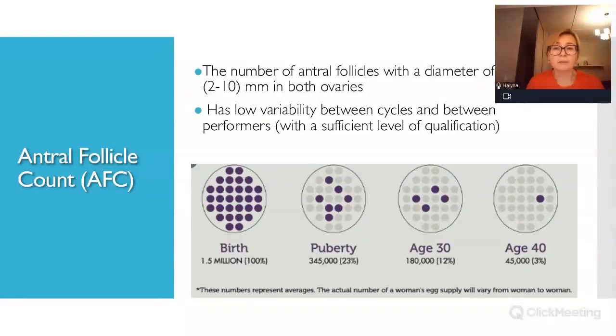Another marker of ovarian reserve is antral follicular count. It is the number of antral follicles which we can see with ultrasound. It is quite simple. This is a very important marker, has low variability between cycles and between performers, with good qualification as well.